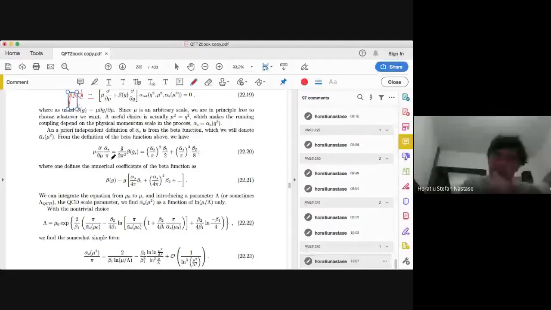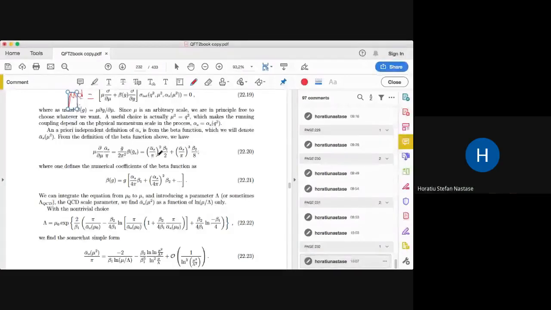So now alpha tilde strong over pi is a polynomial in alpha tilde strong over pi, related to integrate this equation from a mu.